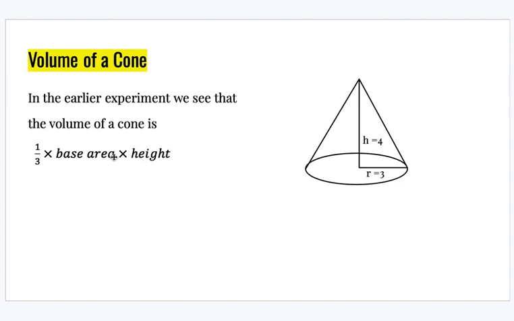Now, in the earlier experiment, we see that the volume of the cone is 1/3 base area times height. So here we are calculating using the formula 1/3.